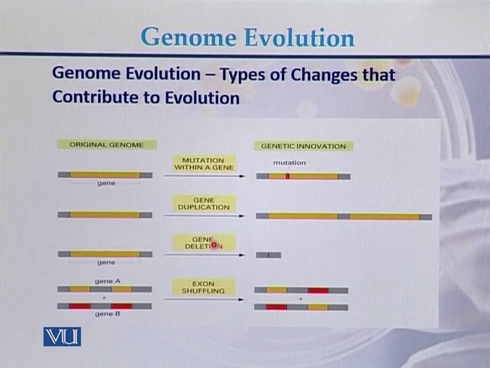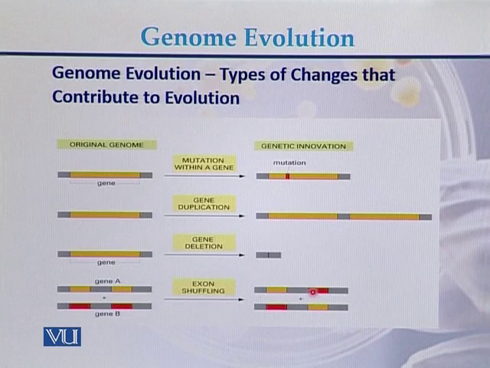The third can be gene deletion. Some fragments or segments of DNA can be deleted, which also works as a fuel for genome evolution. The fourth type can be exon shuffling. Exon shuffling means there are two exons or genes, and they shuffle between sister chromatids or between homologous chromosomes.